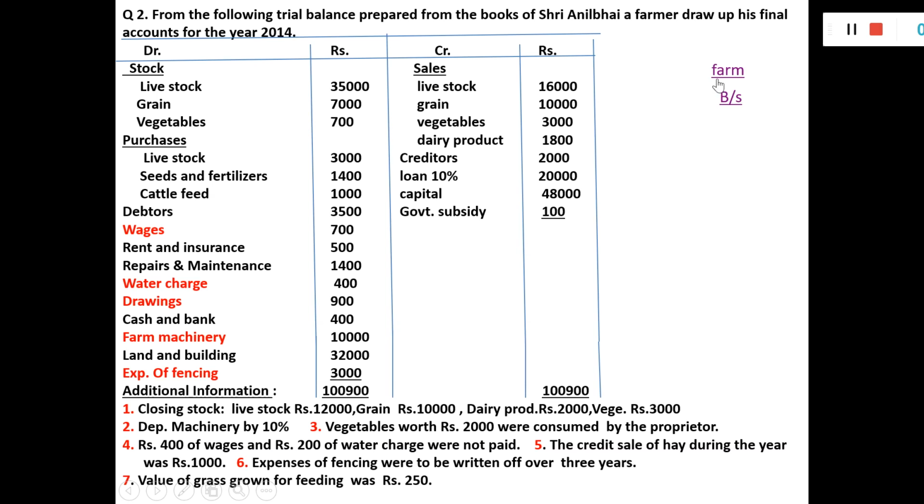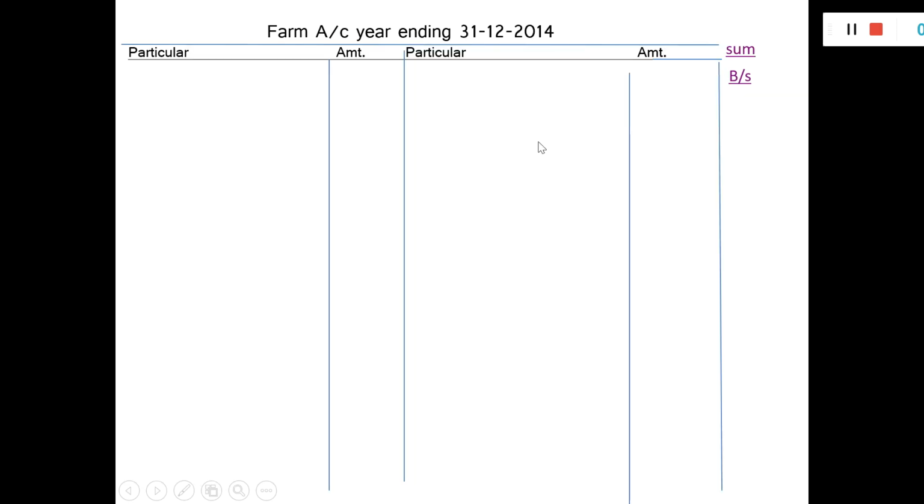Go to the farm accounts. As your opening stocks, grains 7,000, vegetables 700, total 7,700 in the outer column. Go to the sum again.